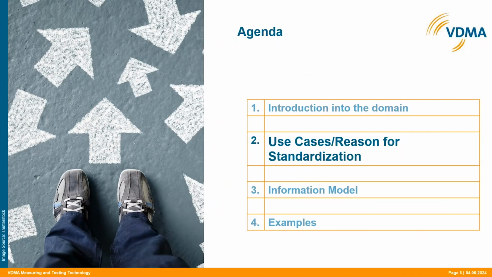When we have the measurement in mind, we want to analyze the reasons for this characterization, and from our requirements, define use cases, which we then model within the framework of OPC UA.